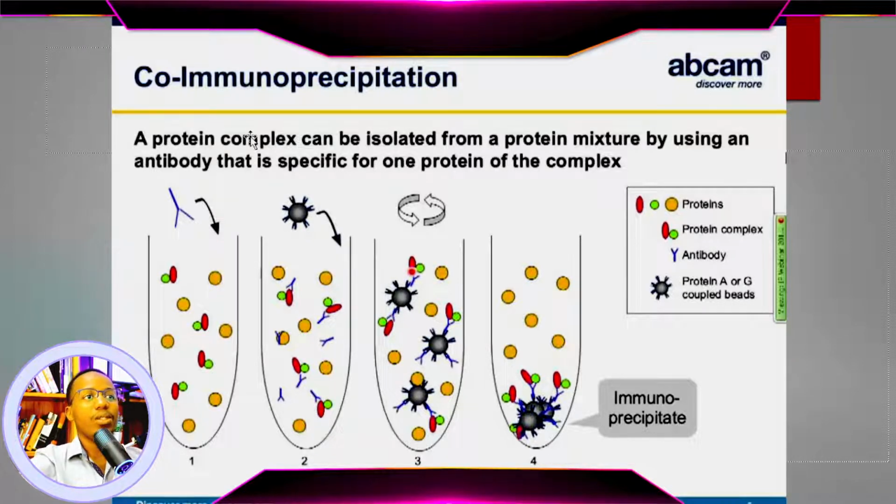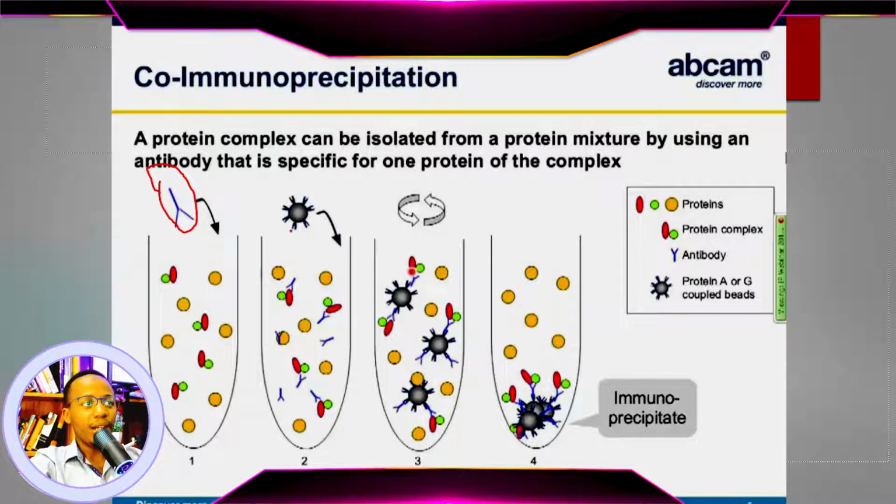Let's say you have two different proteins here, right? And you want to see whether or not they are together. We want to see which proteins get together. Well, first of all, you add antibody. So this is the antibody. You see the antibody here? We added the antibody for the red protein here, because we really want to see which protein is in a complex.